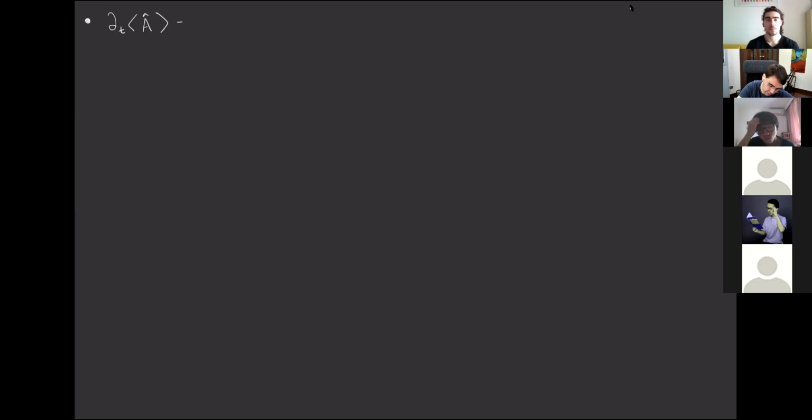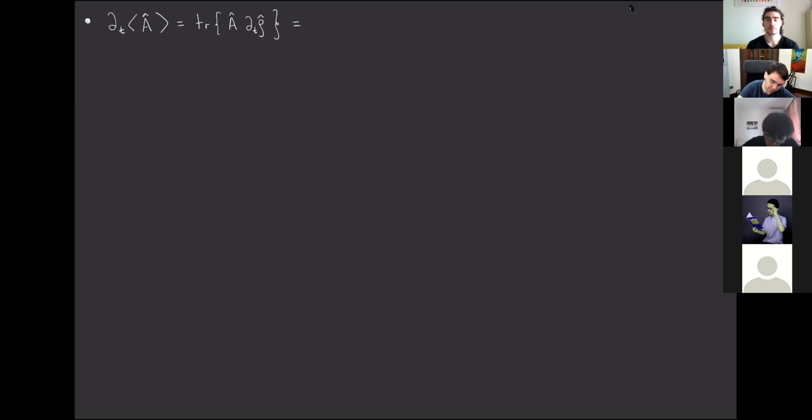And it's not very difficult, but it has a couple of tricky spots, so I want to show you. First of all, the expectation value of the operator A is nothing but the trace of the operator times the state, right? But now we have the time derivative, and the operator is independent of time in the Schrodinger picture, and therefore we only have the time derivative of the state.